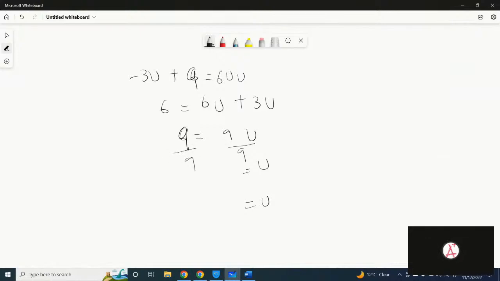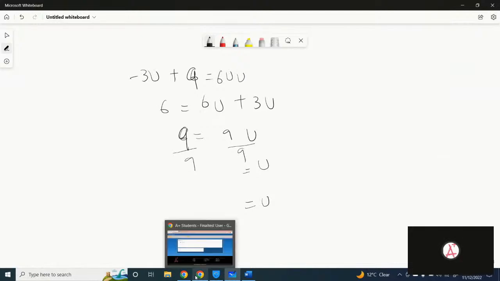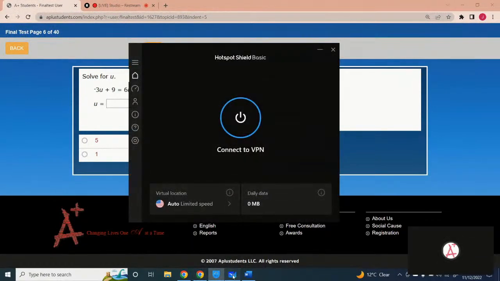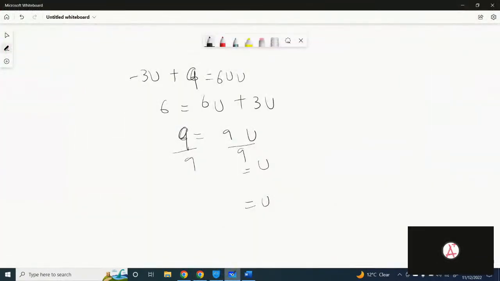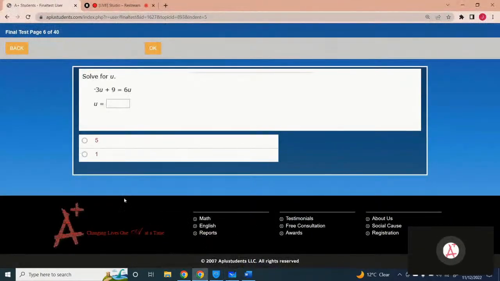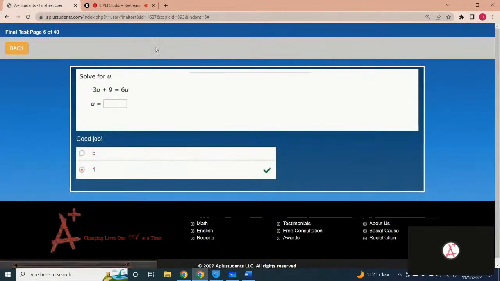So it would be u equals 1. Got it? So just select the correct option and click on the OK button.